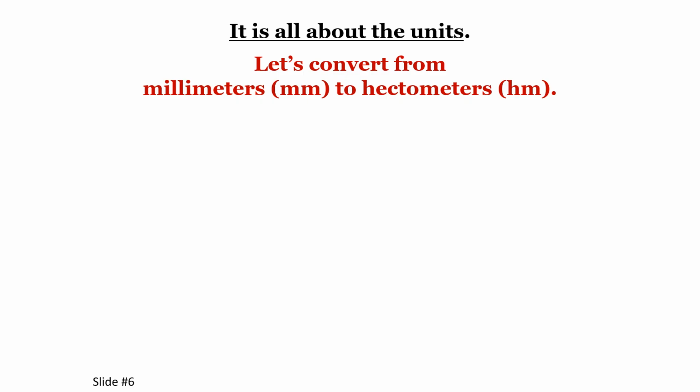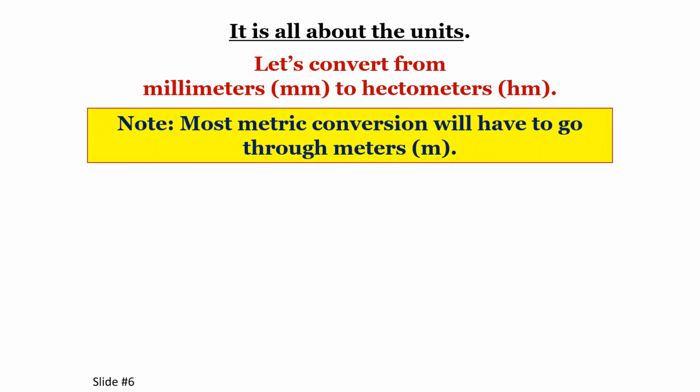Let's convert from millimeters to hectometers. Metric. Most metric conversions will have to go through meters or liters or grams, depending on what the base unit is, whether you're talking distance, volume, or weight. So I'm starting in millimeters.